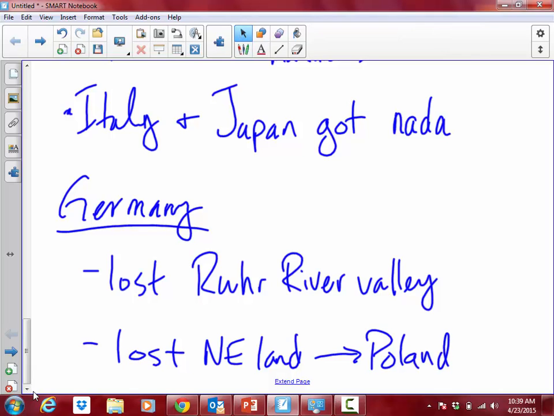Why is that such a big deal? Poland used to exist. Remember talking about Poland under Catherine the Great and the partitions of Poland? There were 3 of them. They kept dividing them up between Russia and Prussia. Oh, wait a minute. Okay, so let's think.